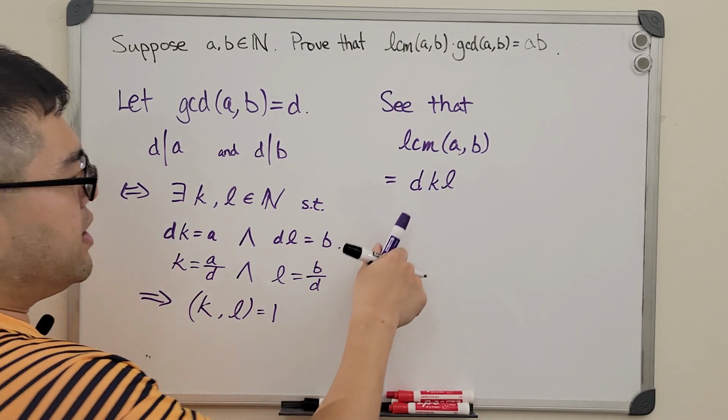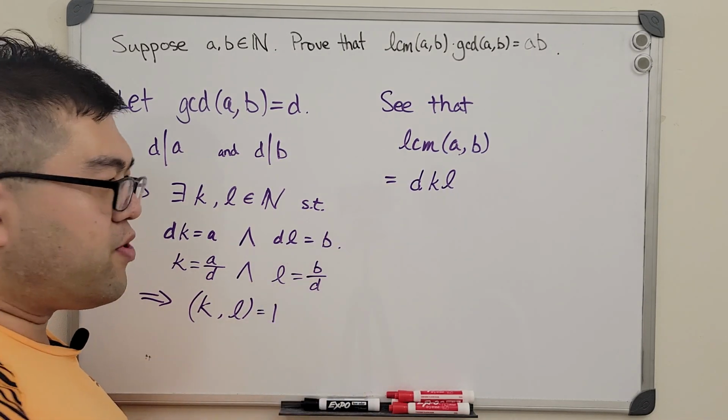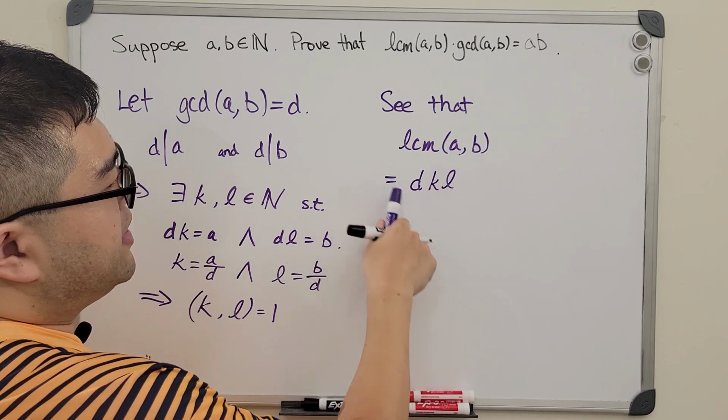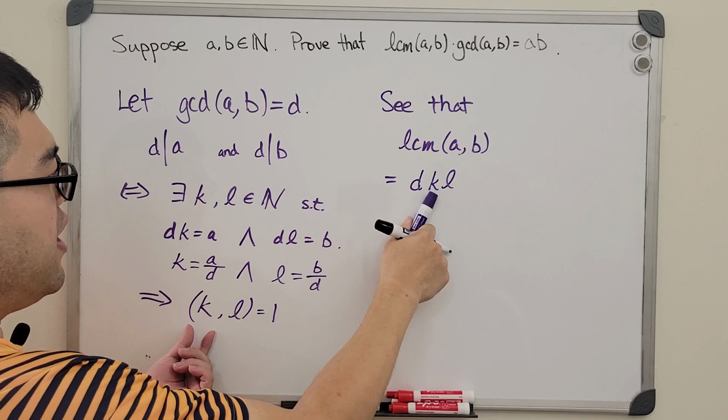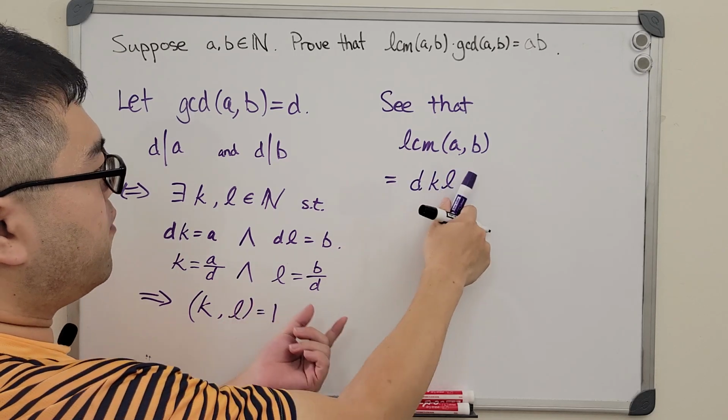Therefore, since K and L are relatively prime, in order to be the least common multiple, we need to fill up both K for A and L for B.